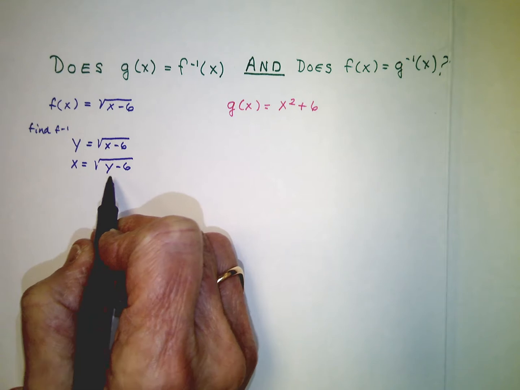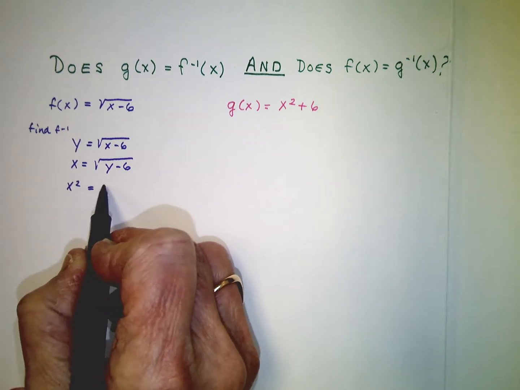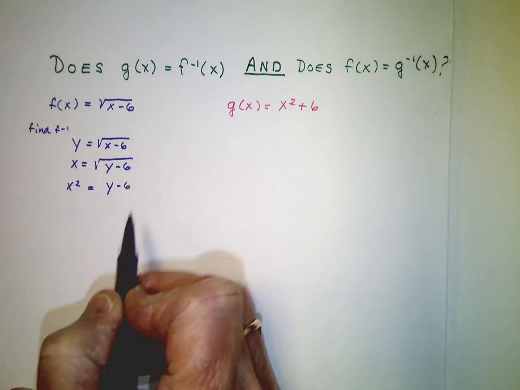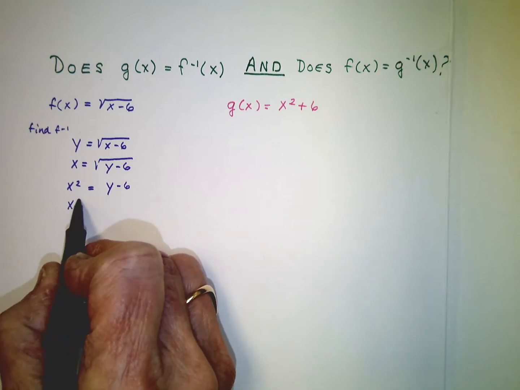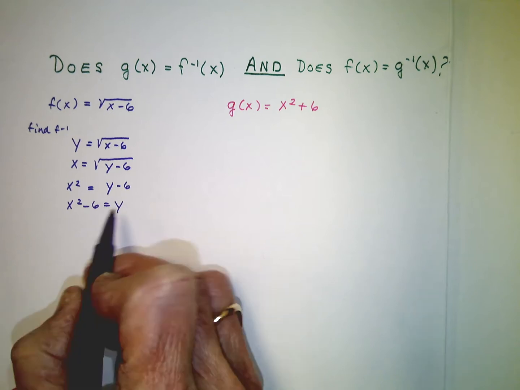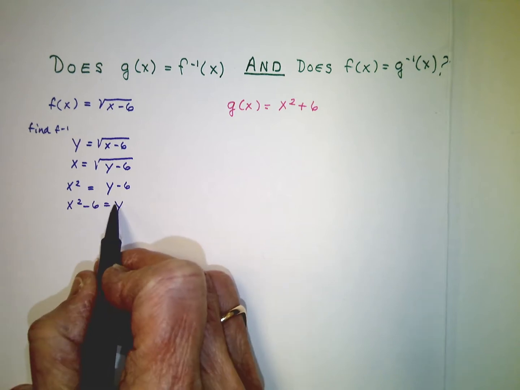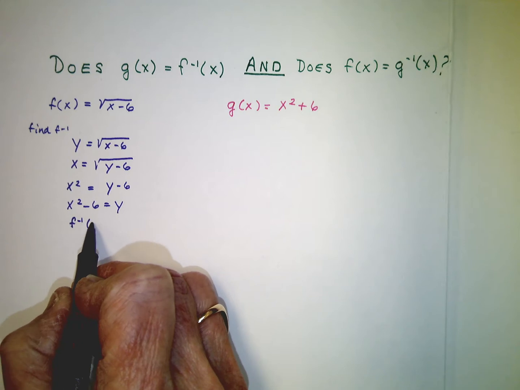So to solve this for y, we're going to have to square both sides. And then to get y totally by itself, and then we can rename this now. This new y value is actually f inverse of x.